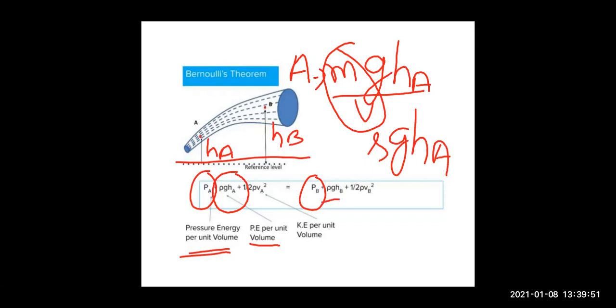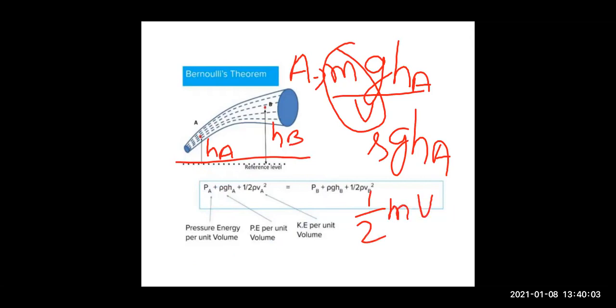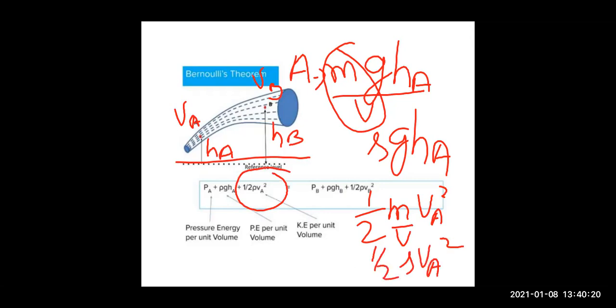Similarly for the other side, rho g HB. Next, kinetic energy per unit volume. Kinetic energy, we all know, is half m v squared. Suppose the velocity at A is Va and at B is Vb. Per unit volume, mass upon volume is again density. So here you have half rho Va squared. This is kinetic energy per unit volume. Similarly, on the other side, for point B, it is half rho Vb squared.